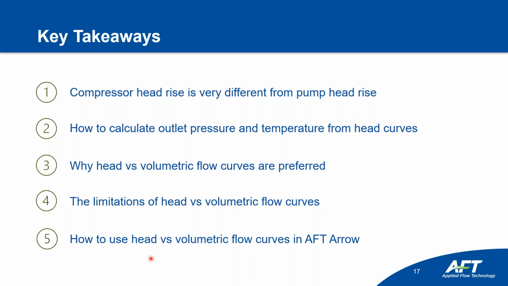If you have very different inlet conditions, your head curve will correct for those until it's too far gone. The fourth one here is that too far gone point. Even though head versus inlet volumetric flow curves are the most flexible, they still have limitations as well, and you need to be wary of those and know that they exist.